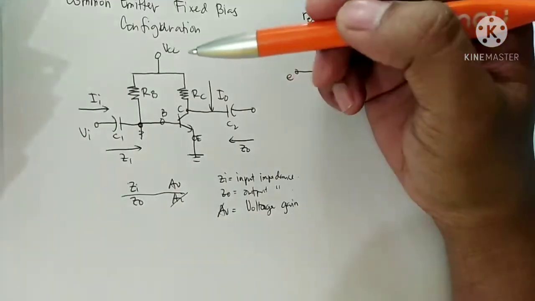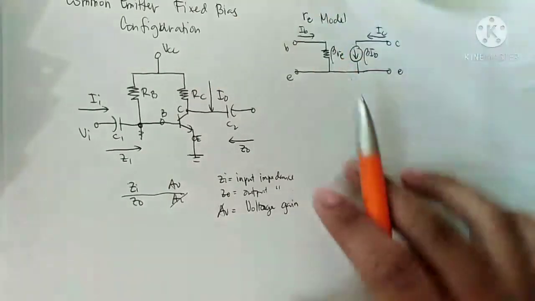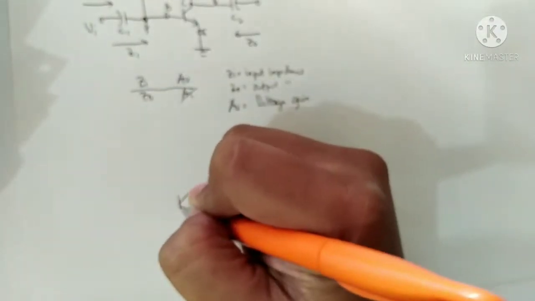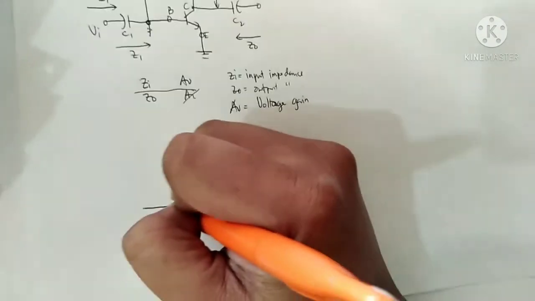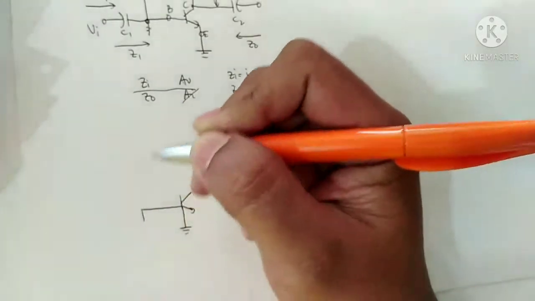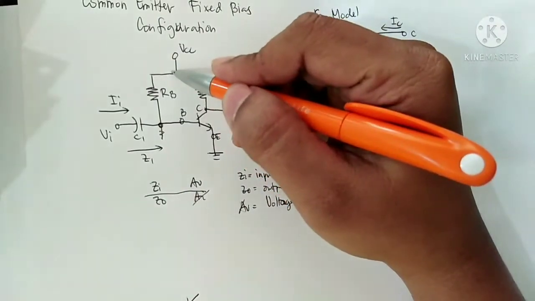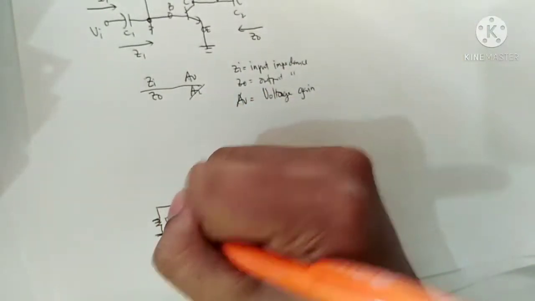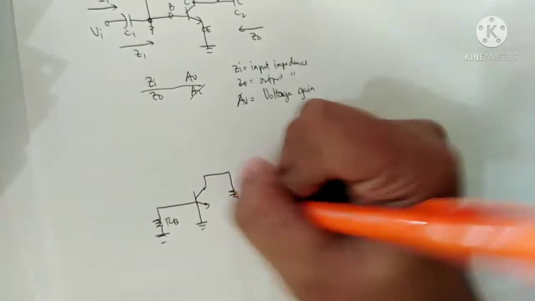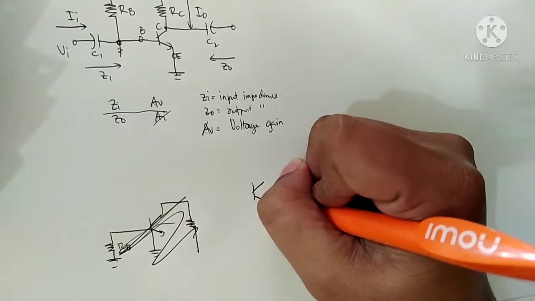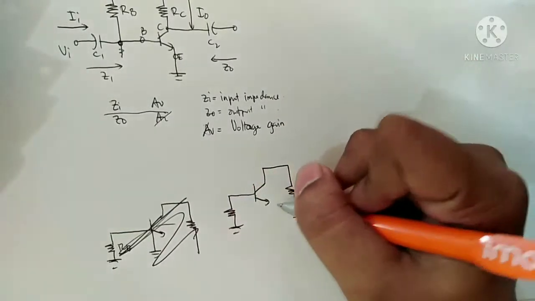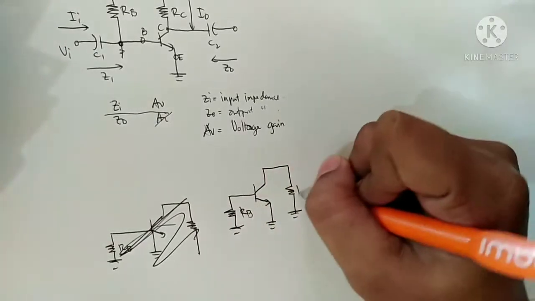So ground VCC, and if you ground VCC, RB is grounded and also RC is grounded. So RB and RC go to ground.